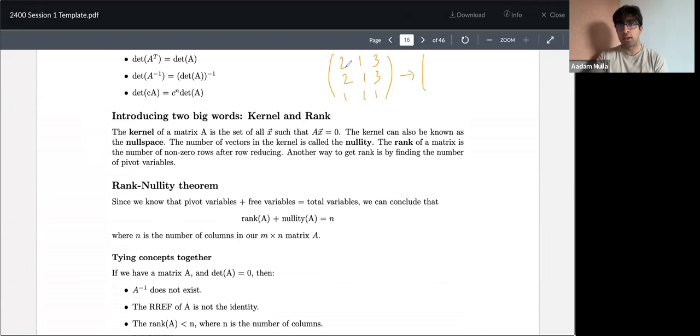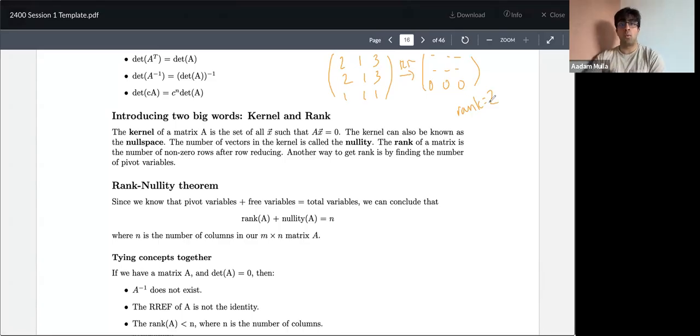If you row reduce this, you can clearly see that you're going to subtract rows 1 and 2 from each other. So you're going to end up with a row of 0 somewhere, and we always push it to the bottom. So in this case, if you row reduced and your matrix turned into something like this, where these are non-zero rows, you would say the rank of your matrix is 2.